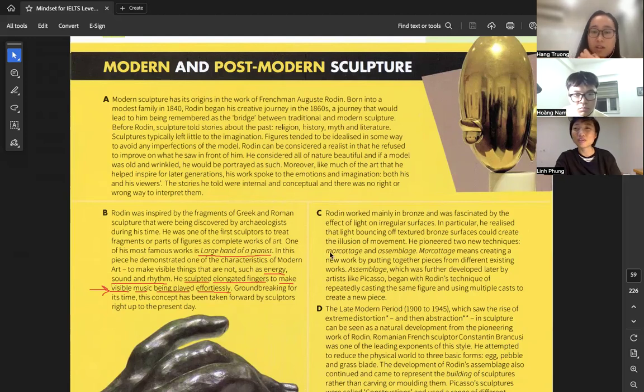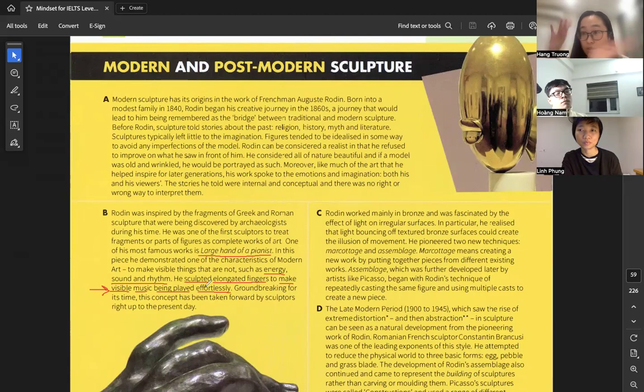I just was not sure. Okay, maybe the grammar in this phrase is a bit complex, but if you break it down, it's actually very easy. Make visible something. So you make something that's not visible, tức là làm hiện ra, right? Make visible something. Đấy, tức là làm hiện ra cái trạng thái là đang có một bản nhạc được chơi một cách effortlessly.